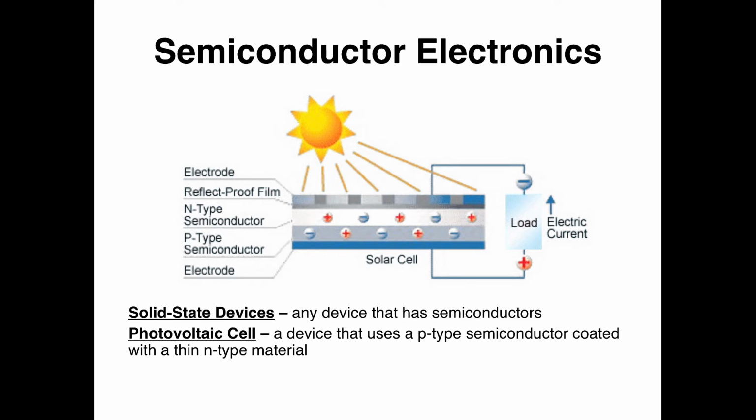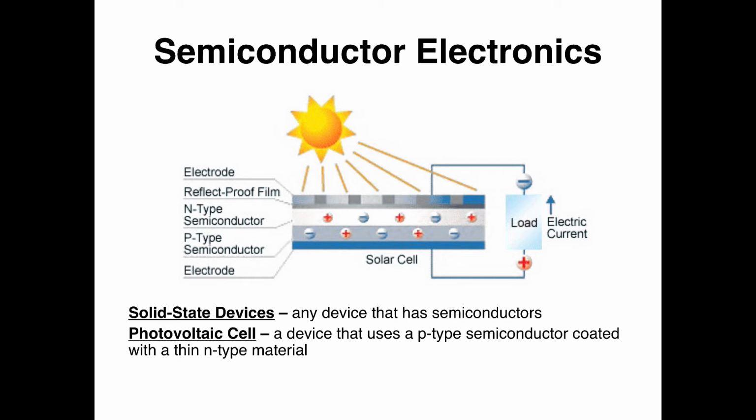So here is a diagram, and I think there's a diagram like this in your book, but you have light coming in from above. It strikes the electrode on the top, which is negatively charged.